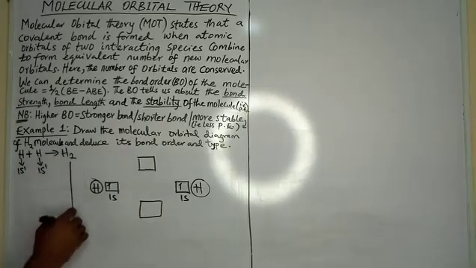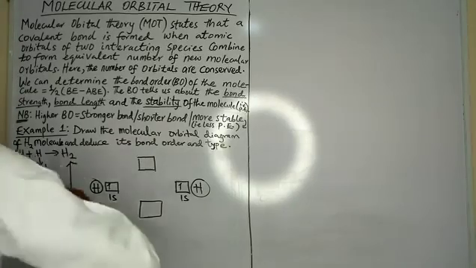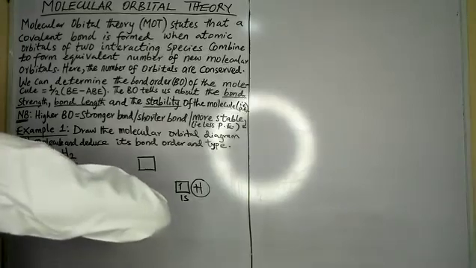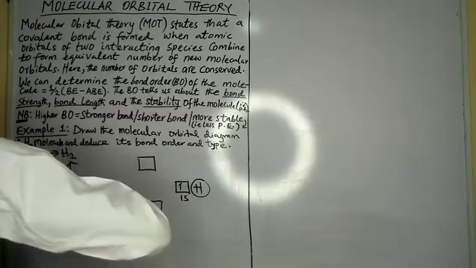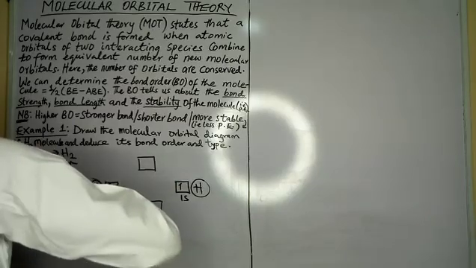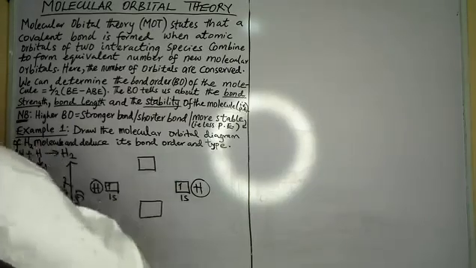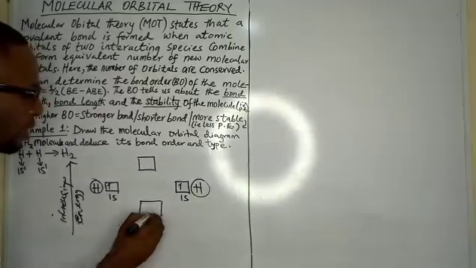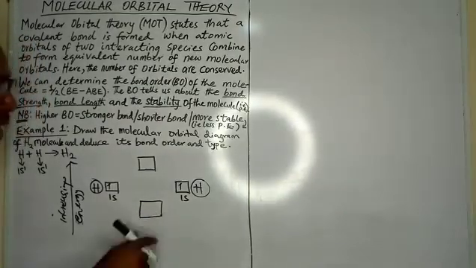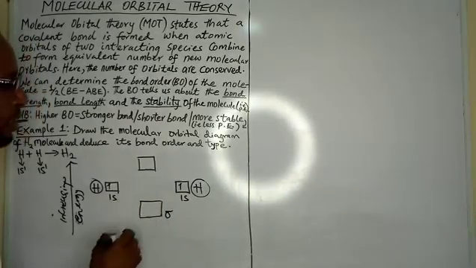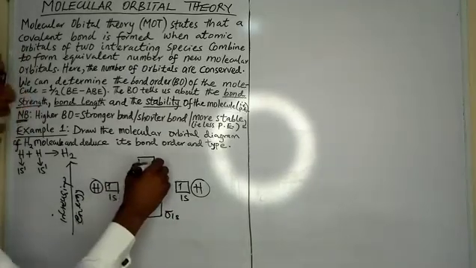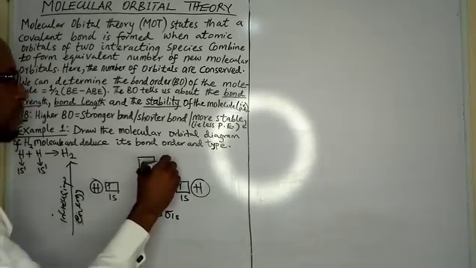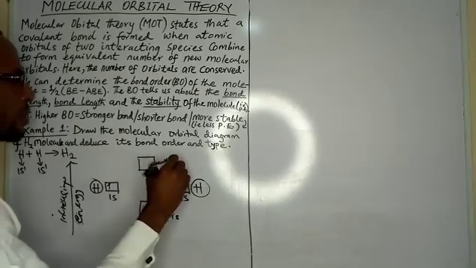Permit me to use an arrow pointing upward to show increasing energy. So this molecular orbital of lower energy is called the sigma 1s orbital, and this is called the sigma star 1s orbital.